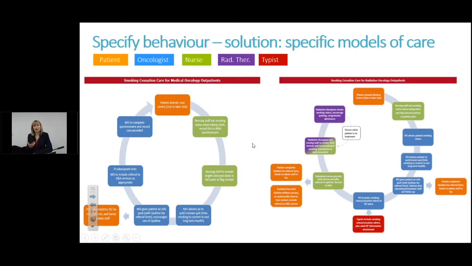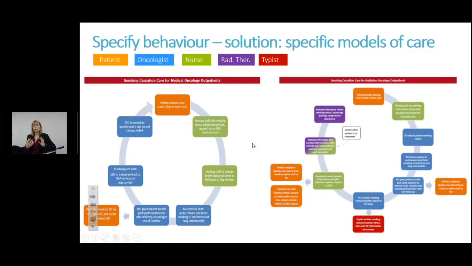So it seems like an archaic thing to do, but it was a way to ensure that we had sufficient information going out to the GPs to support the patients should the patient then go back to their GP for cessation support. So we had slightly different models, but with the same set of principles about being asked consistently, being advised, and then moving on to actually getting some form of assistance and arranging something for them, whether that be with the quit line, with their GP, with the drug and alcohol counsellor.